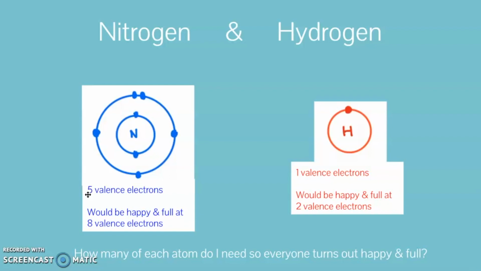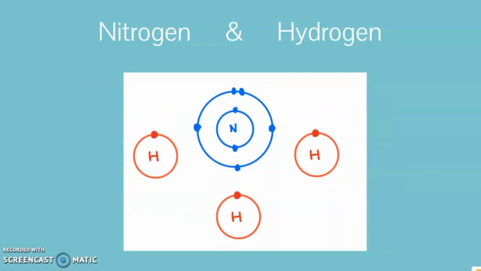So we have a difference of 3 for nitrogen. Hydrogen has 1 valence electron, and it wants to be at 2 valence electrons. So we have a difference of 1 over there. Through some trial and error, and as you practice, you'll develop intuition. In this example, we will need 1 nitrogen and 3 hydrogens.